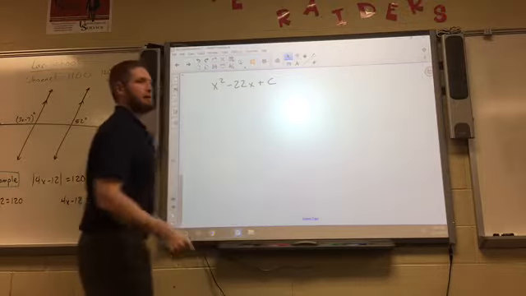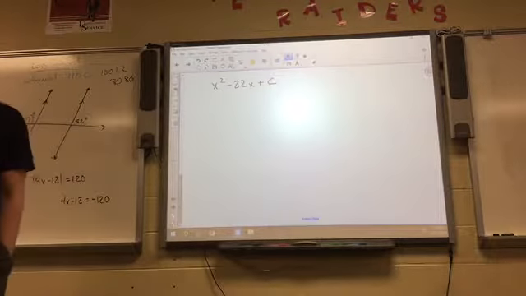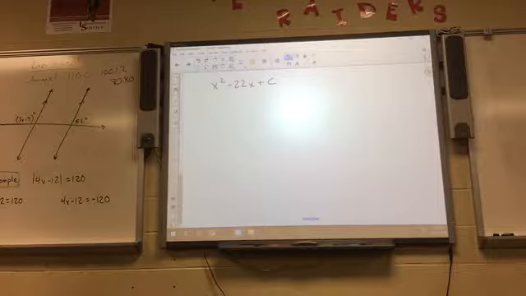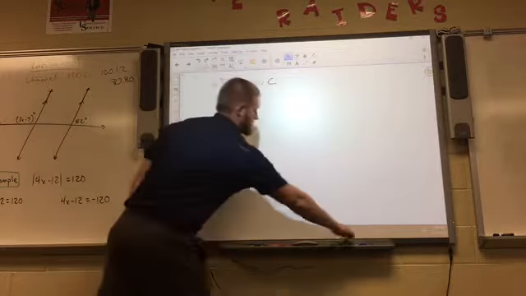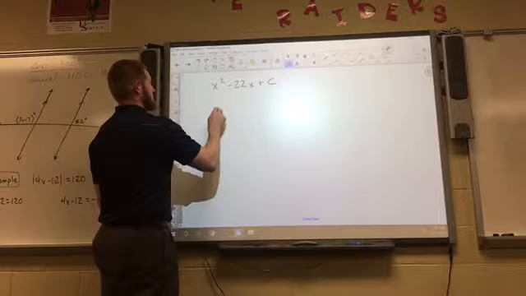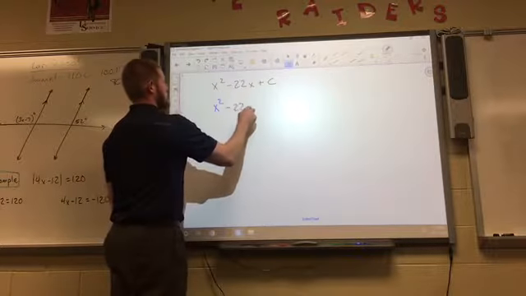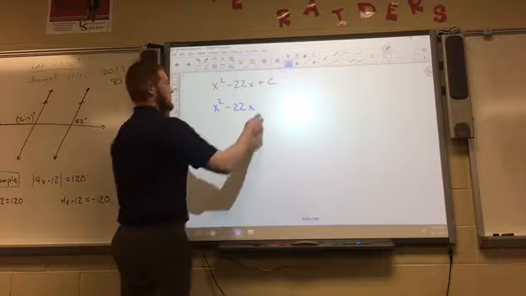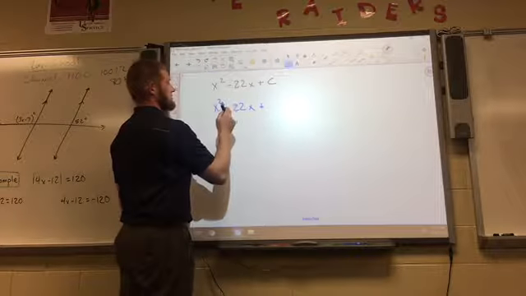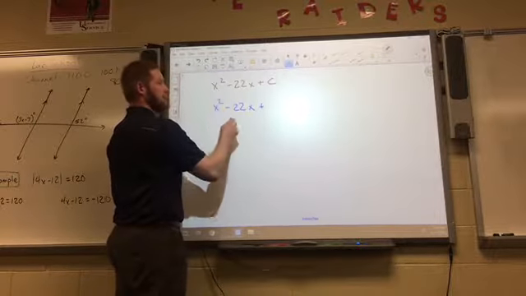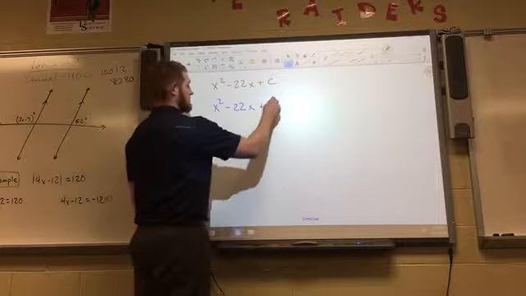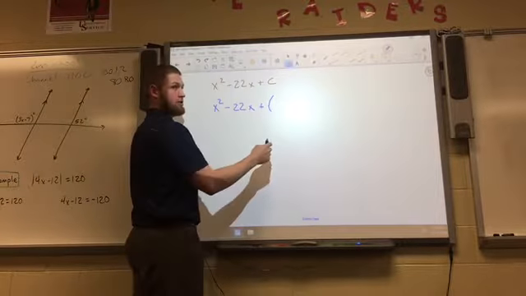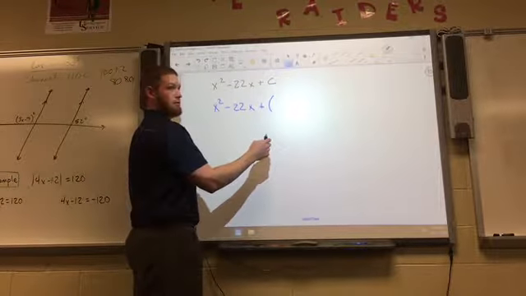They want us to find the value of c to complete the square and factor it. Okay? So instead of c, I need to use b over 2 squared, which in this case b is negative 22 over 2, which is going to give me 11.